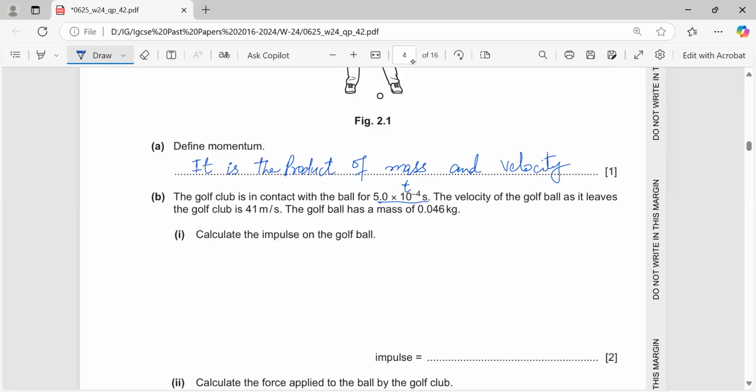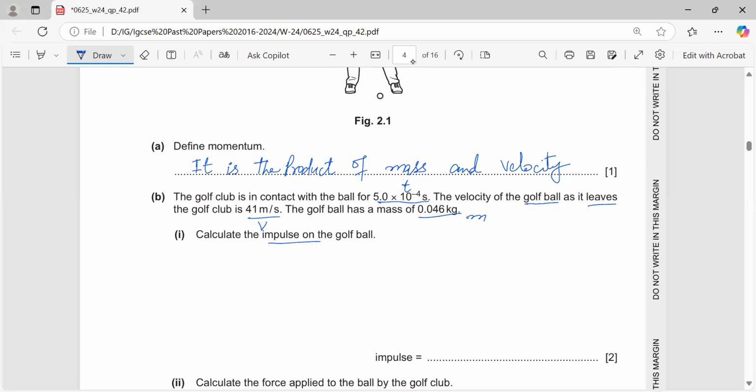So this is the time of contact of the golf club with the ball. The velocity of the golf ball as it leaves the golf club is this. So this is the final velocity, because initially it is at rest, initial velocity is 0. The golf ball has a mass of this, and mass is also given in System International unit, kilogram.